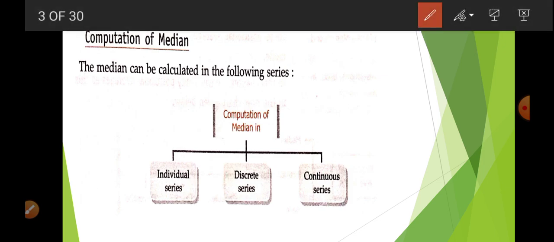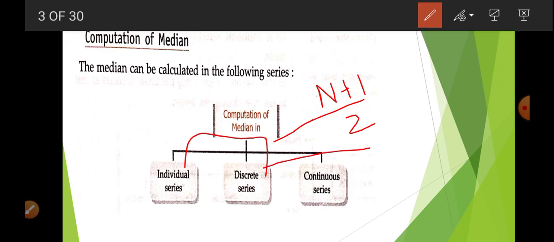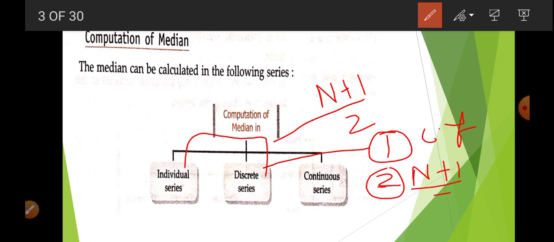In individual and discrete series, we are going to make use of the equation (n plus 1) upon 2. In individual series directly we are going to use this equation, and in discrete series first of all we are going to calculate cumulative frequency. After that we are going to make use of the equation (n plus 1) upon 2.